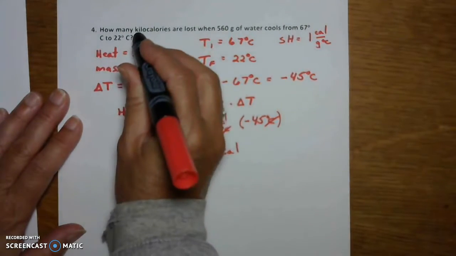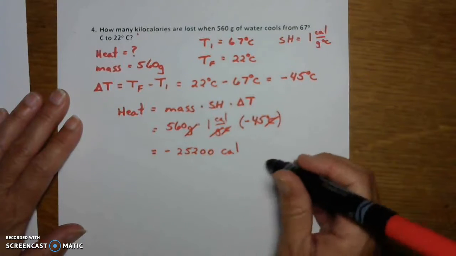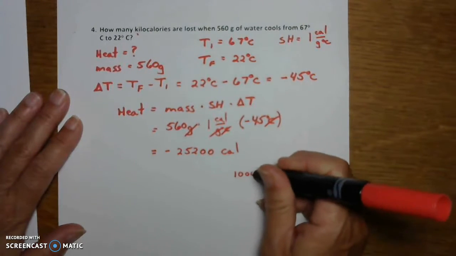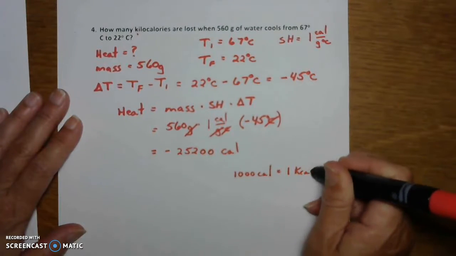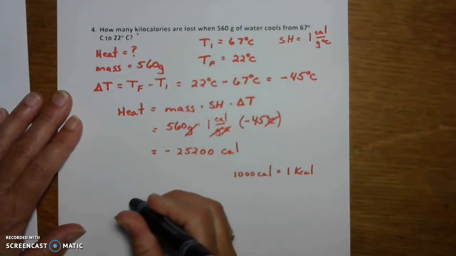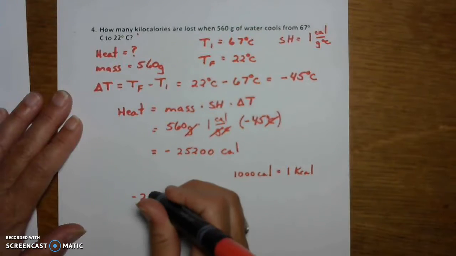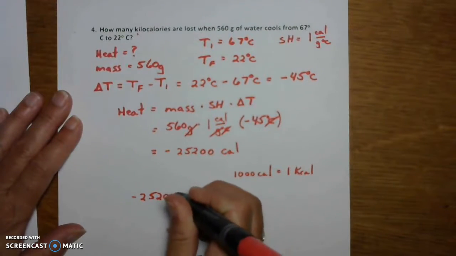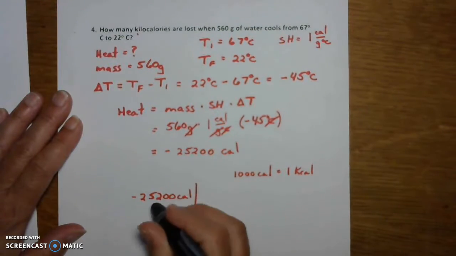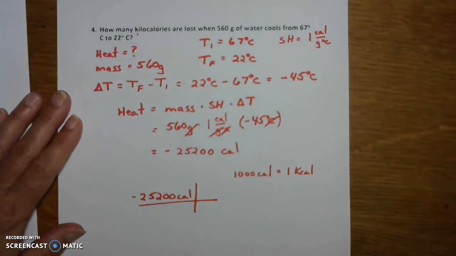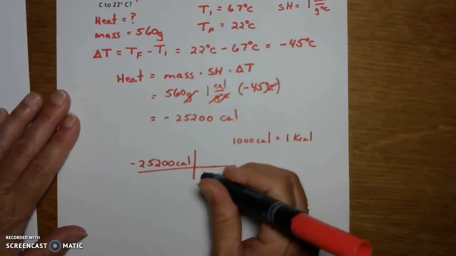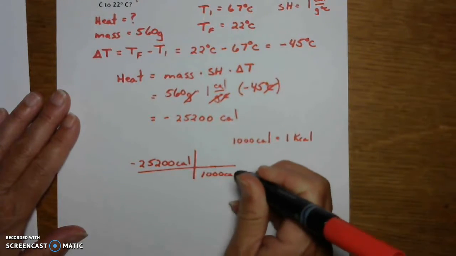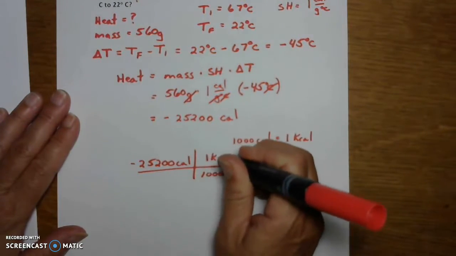We were asked how many kilocalories. So we know that there are 1,000 calories in 1 kilocalorie. So we can do a conversion. We'll take our negative 25200 calories. We want to get rid of calories, so we'll put our 1,000 calories in the bottom and our 1 kilocalorie in the top.